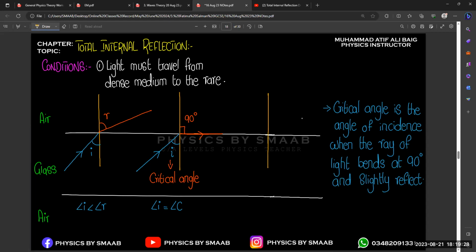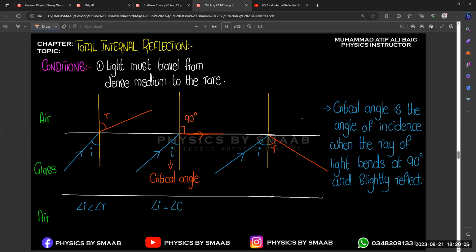If we further increase the angle of incidence, the light will completely internally reflect, just like the example we observed in the diagram, right? So this light will completely internally reflect, and that is the concept of total internal reflection. Okay.